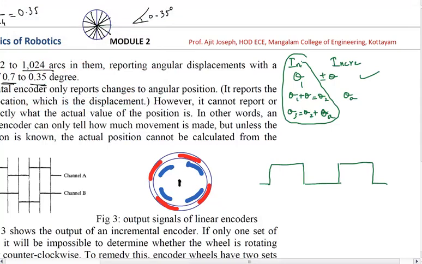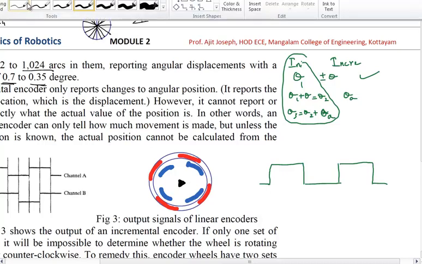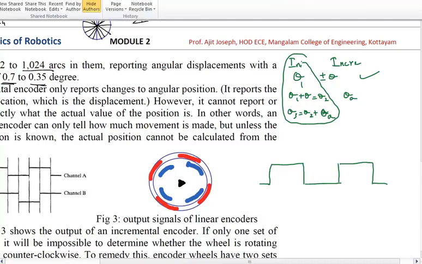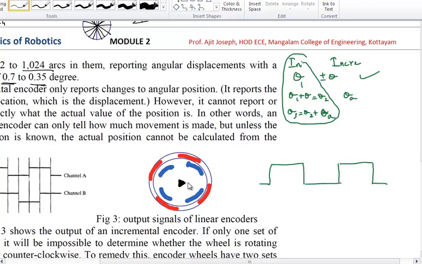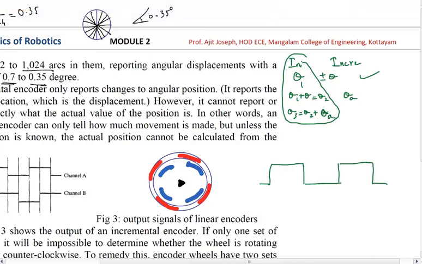So suppose this is the center. Now I am going to take both the angles and I am going to draw what is going to be the pulse. So let me draw it like this. Yes, I should have started from here. I will go in both the directions and I will look at what is the pulse.